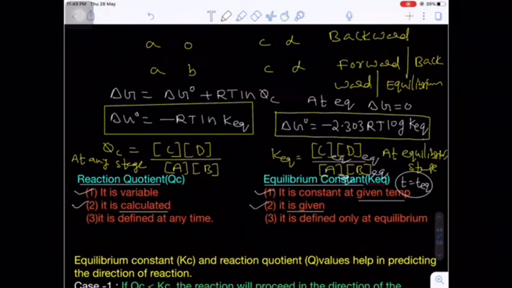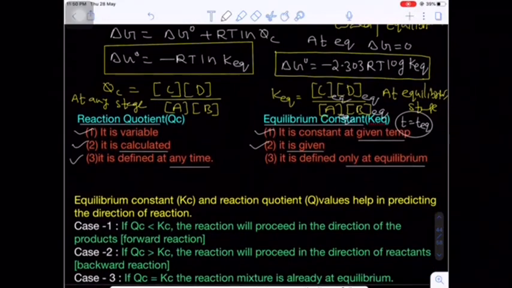So in the question it must be given to you, no need to calculate. If the concentrations at equilibrium are given, then we can calculate K equilibrium. Otherwise it is experimental data. And one more important thing, QC is defined at any time interval, but K is defined only at the equilibrium stage. This is very important, QC and K equilibrium.